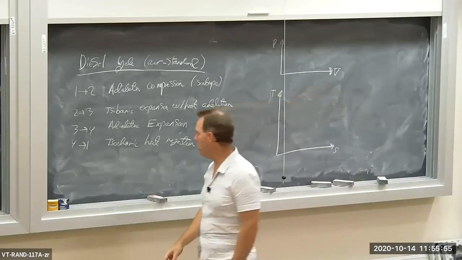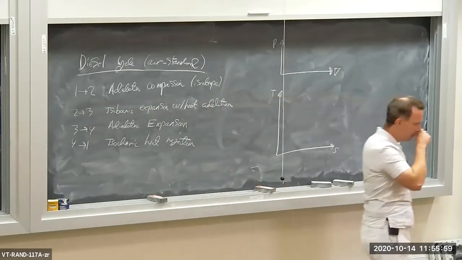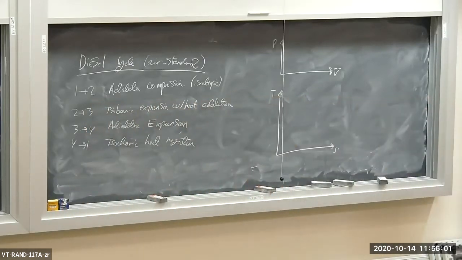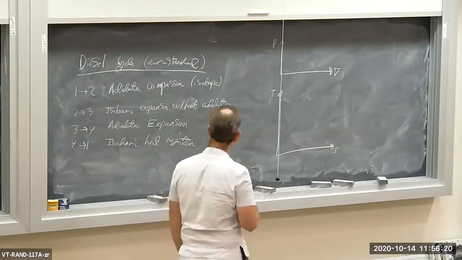Process 1 to 2 is adiabatic compression. Remember, the air standard cycle assumes internally reversible processes: no irreversibilities inside the piston cylinder device, no friction, no unrestrained expansion, and no heat transfer across a finite temperature difference.